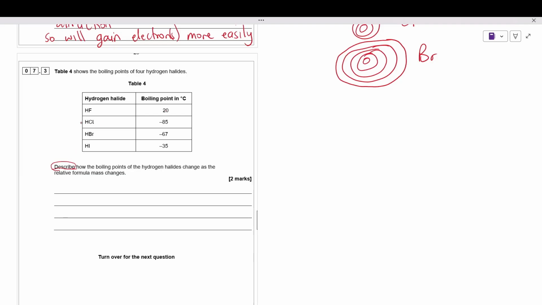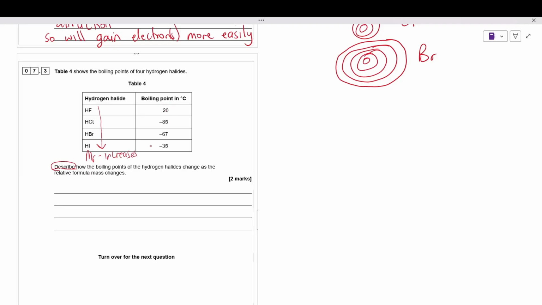So as we move down this group, we can see that the relative formula mass increases, because if you look at the masses on the periodic table, even though hydrogen is 1 for all of them, the masses of your fluorine, chlorine, bromine, and iodine actually increase as you're moving down. So as we go down, relative formula mass, your Mr, increases.